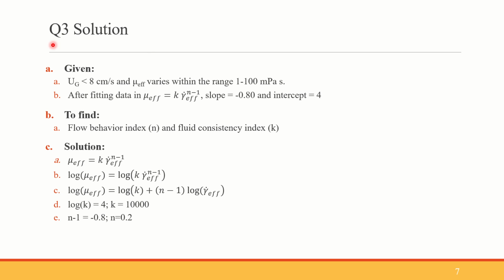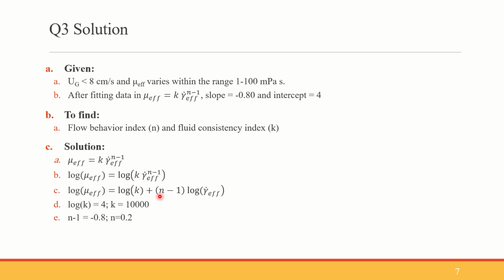For us to get the equation in the form with slope and intercept, the equation should be of the form y is equal to mx plus c, where m is the slope and c is the intercept. So now we are rewriting the equation by taking log on both sides. Mu effective is equal to k into gamma effective to the power of n minus 1, and taking log on both sides, log mu effective is equal to log of k into gamma effective to the power of n minus 1, and the LHS remains the same.